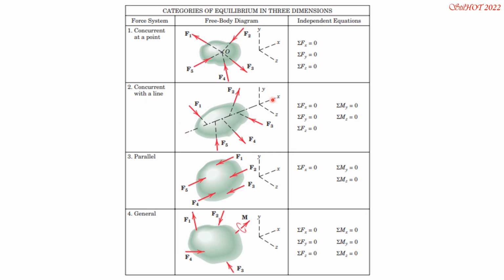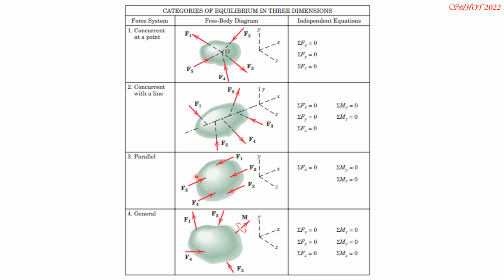If the forces are concurrent with a line, then still the three equations, summation of forces in x, y, and z, are zero. And because they are acting on a line, summation of moments about y and summation of moments about z must be zero because they are acting on the x-axis. So those are the equations that must be established.